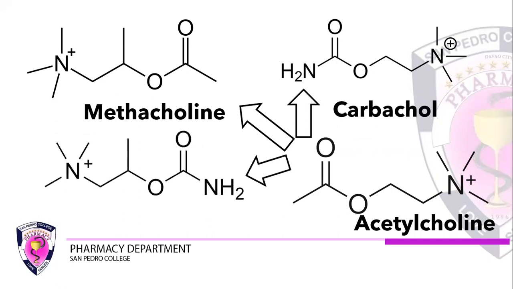And the combination of the two, the addition of a methyl group at the beta carbon and the substitution of an acetoxy with a carbamate group, is called bethanechol. Greater muscarinic activity plus greater oral stability for bethanechol.